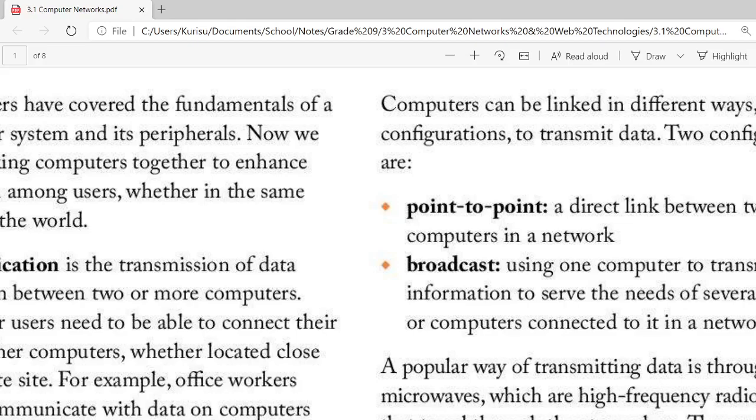So in a network, what do you guys think is the minimum amount of devices that you can use? Here's a question to you guys. What do you think is the minimum amount of devices that you can use? Anyone? What is the minimum amount of devices you think you can use in a network?